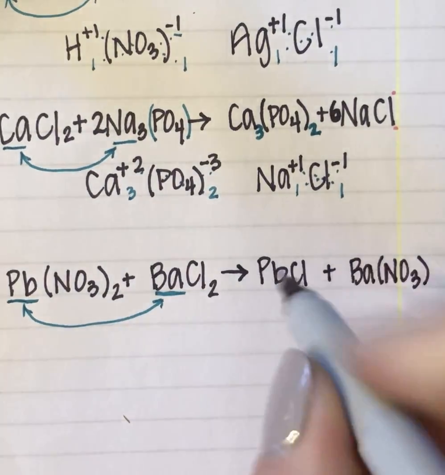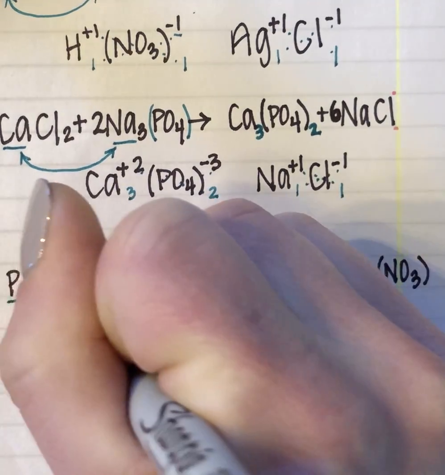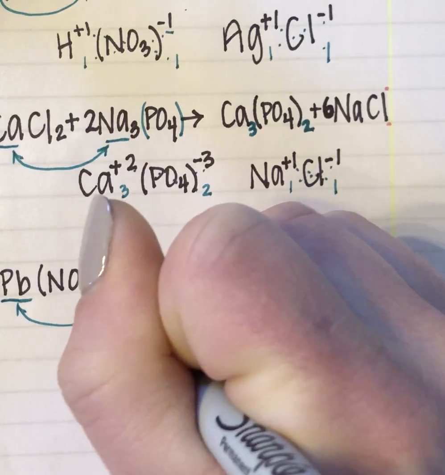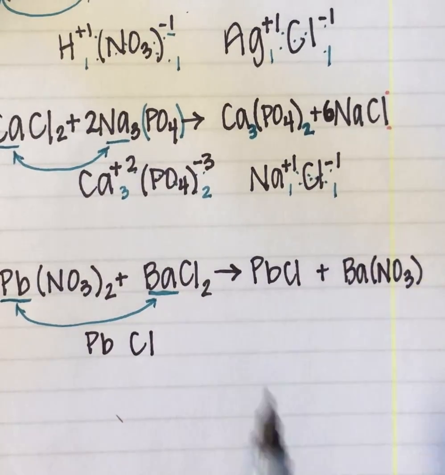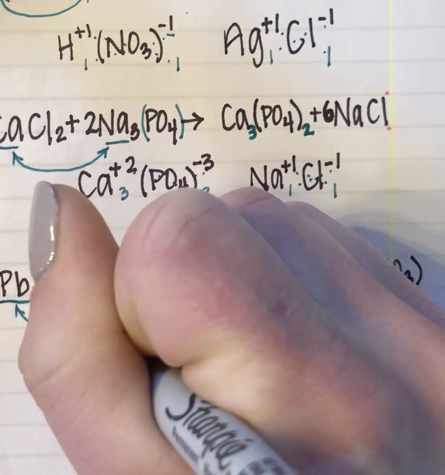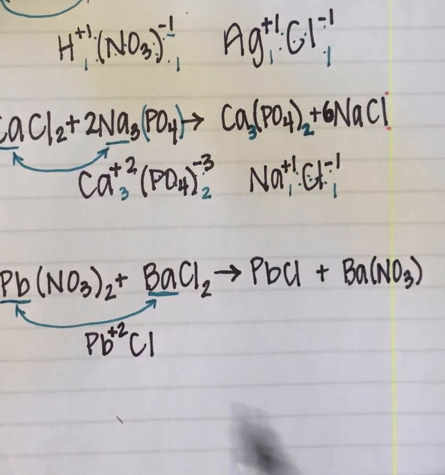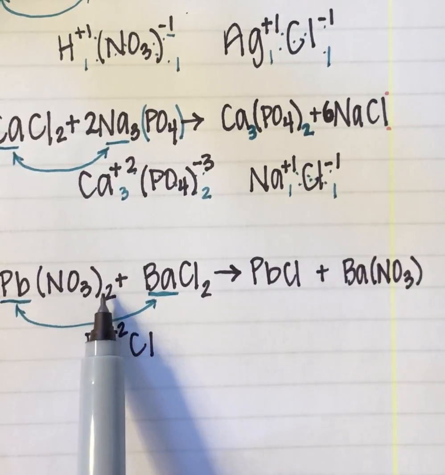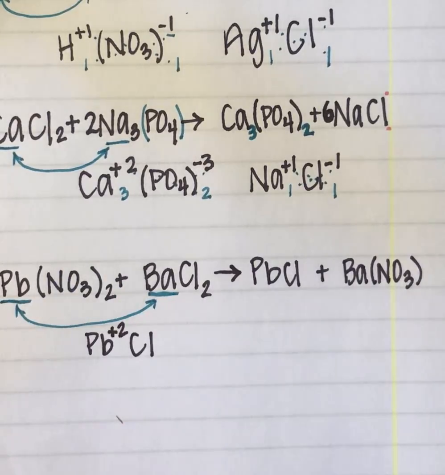All right, now I need to make sure that everything is appropriately balanced for my formulas. So lead and chlorine. In this case, lead can make 2 different charges, +2 or +4. I know that this lead is +2. I know this because lead is bound with 2 nitrates. Each nitrate has a -1 charge.